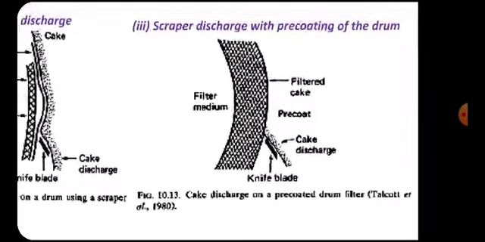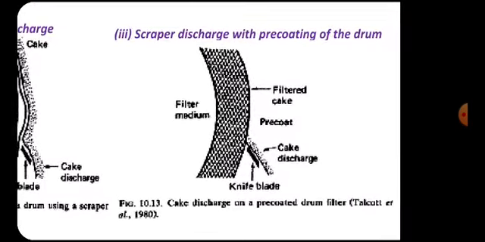And the third one is scraper discharge with pre-coating of drum. The only difference is that the earlier one and this one are the same. Here also there is use of a knife blade. The only difference is that this filter cloth is covered with a filter aid which forms a coat, for example, diatomaceous earth.